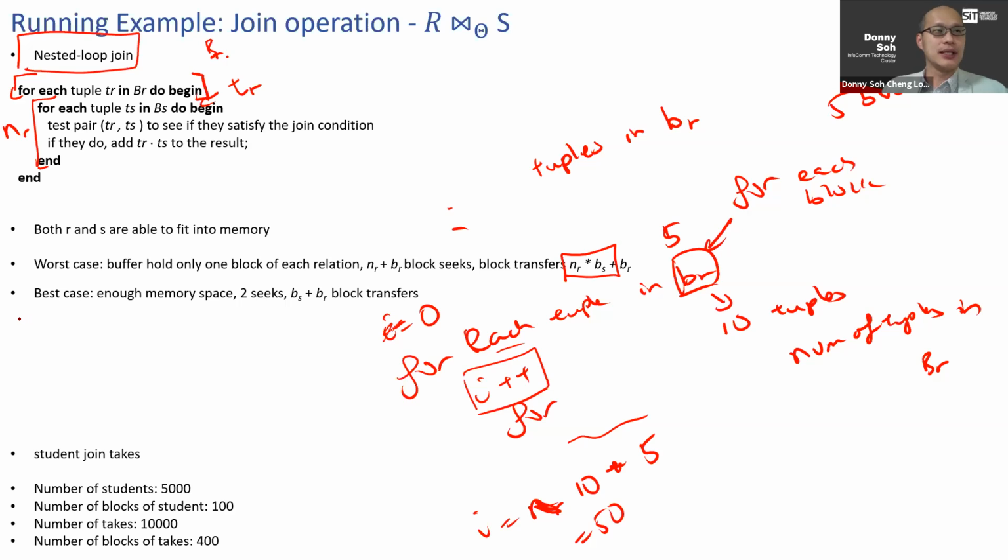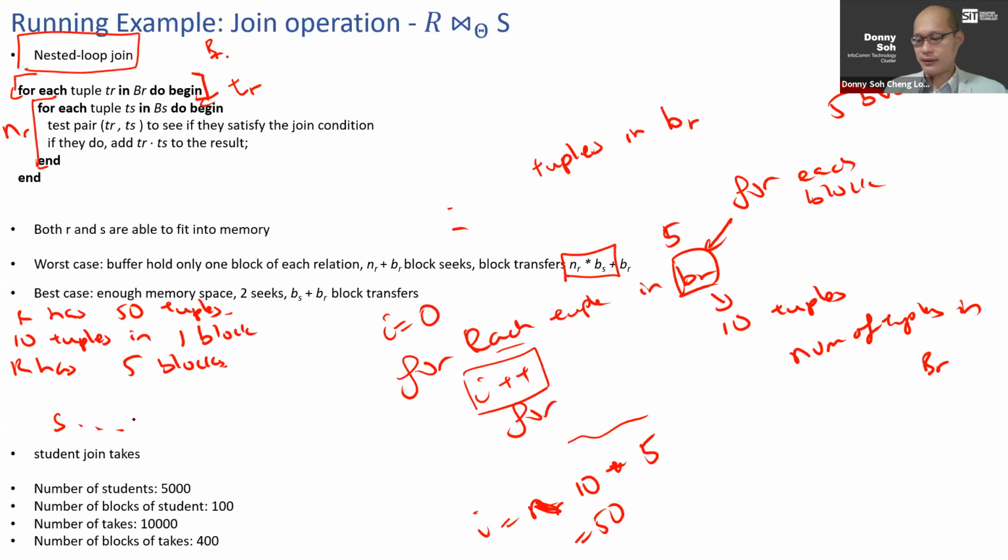Let's say this table R has 50 tuples, and let's say 10 tuples in one block, and so R has 5 blocks. S actually we don't need to care about because S is not in the picture at all.